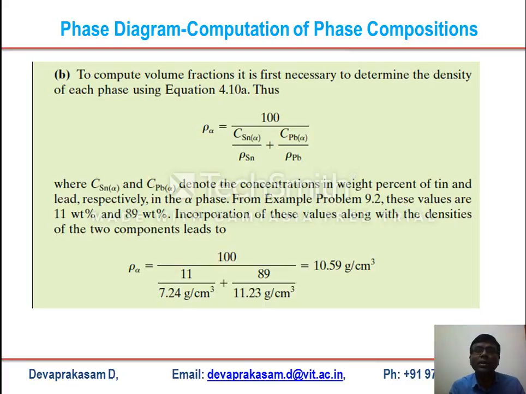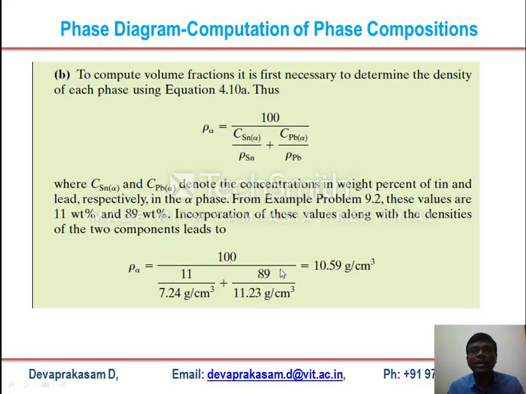So 100 divided by, you take this very empirical formula, C tin alpha, how much tin is present in the alpha phase as a mass fraction, divided by rho Sn, that is the tin density, plus the lead present in the alpha phase divided by the lead density.